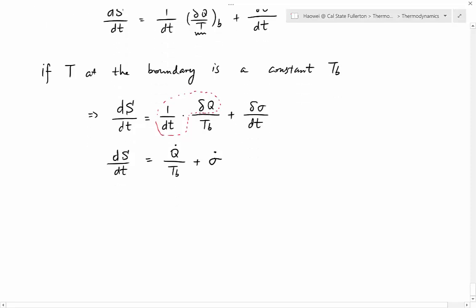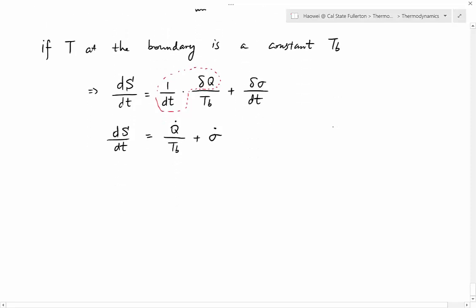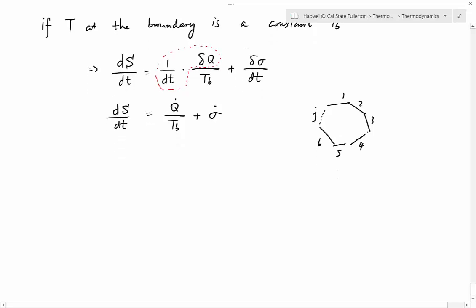One more step. For example, if you have a system like this, it has multiple surfaces. You start from surface 1, 2, 3, 4, 5, 6, J. If you have multiple surfaces, what's going to happen to the right-hand side?